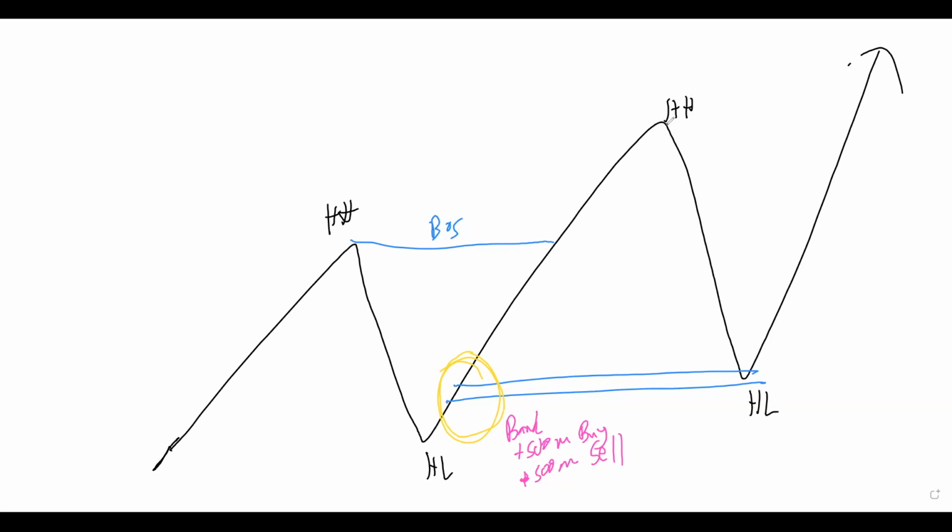So when price is up there at that level, they are now sitting with plus 500 million profit, right? Remember, they took 500 million here on the buy and 500 million on the sell.